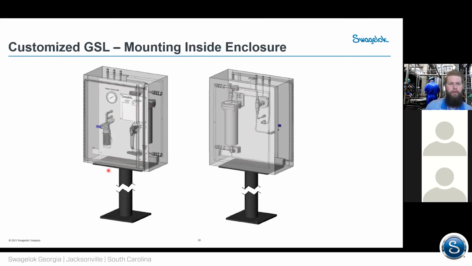So if you mount it on a pedestal like this, instead of mounting directly onto a flat surface, you're able to now have an access panel on the back of the enclosure to really work on these cooling lines or gauges that may fail, or just things that require maintenance over time. So really small, but probably one of the most significant features of what you could add to some of these systems.